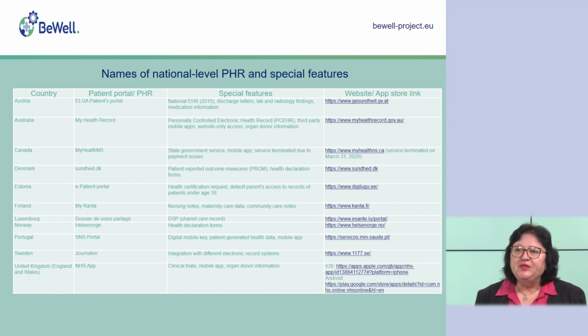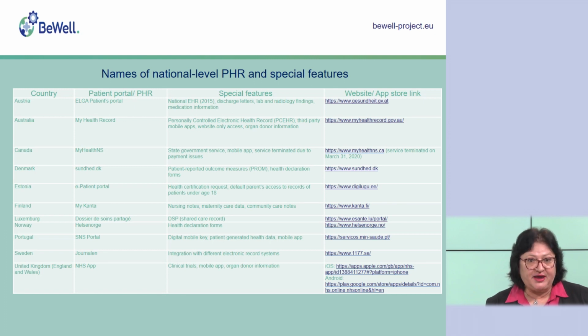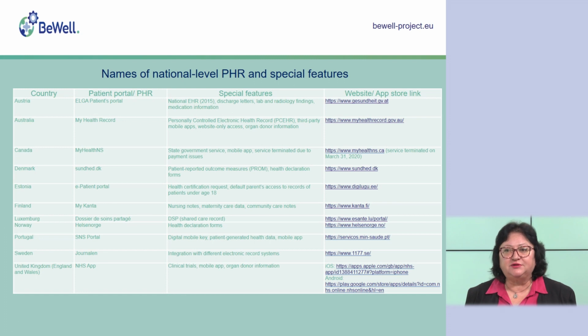For example, in the United Kingdom, they have decided to include clinical trials and organ donor information, while in others we have different kinds of declarations. In Sweden and Finland we have community care notes, etc., etc. So in the different countries, different specific details can be included in the patient's portals.